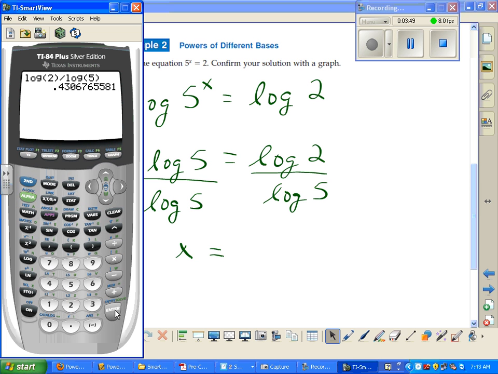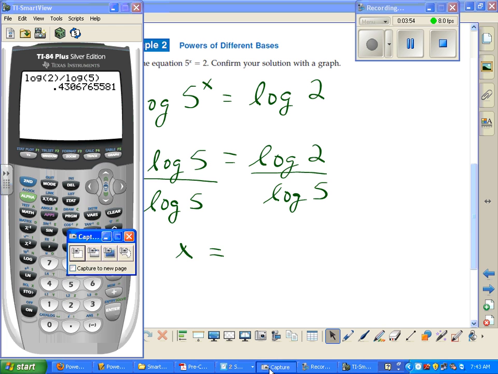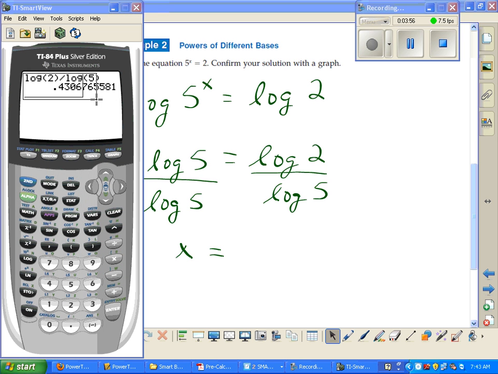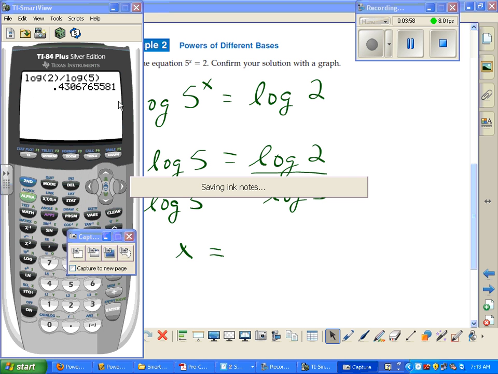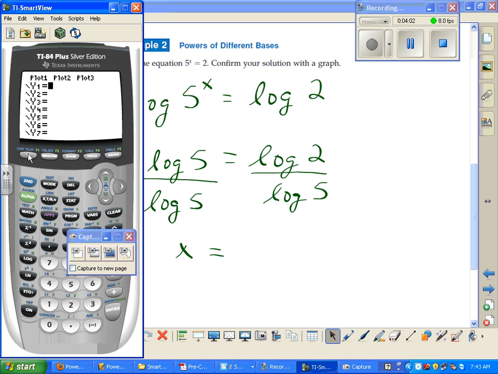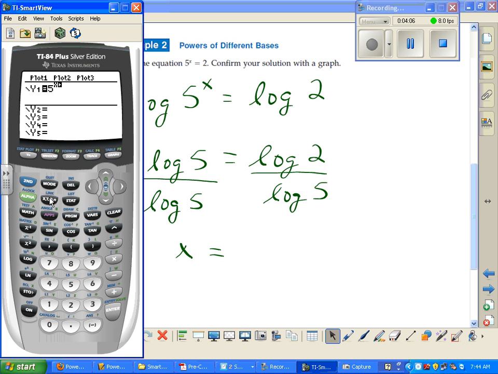It says to confirm our solution with a graph, so we will do that. Let's take a picture of our answer here first, and then we'll check graphically to see if it works. We'll put 5 raised to the power of x in y1 and 2 in y2, and then we'll graph them.